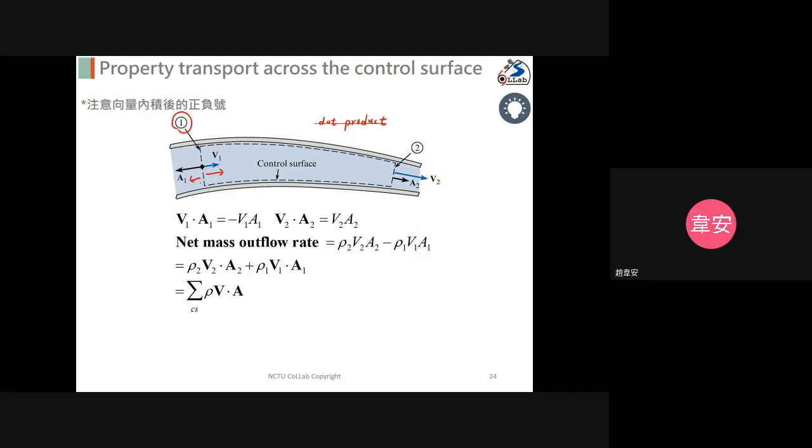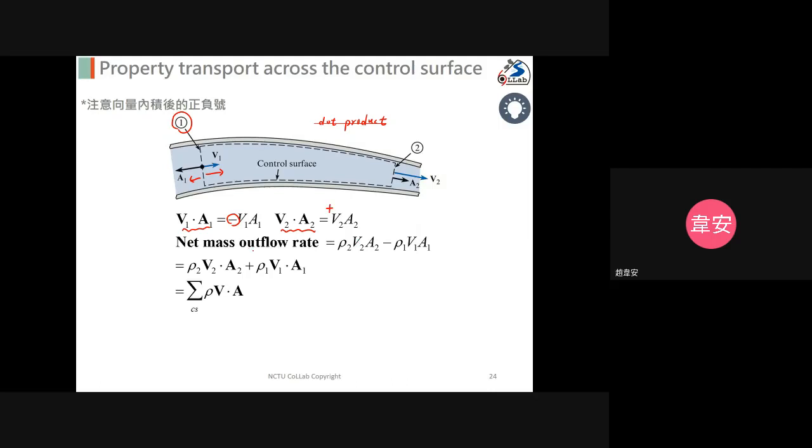So if you use the dot product, we have the negative sign for the inflow mass rate. But for the outside part, the normal vector of the cross-section area is in the same direction as the flow direction, so it is positive.